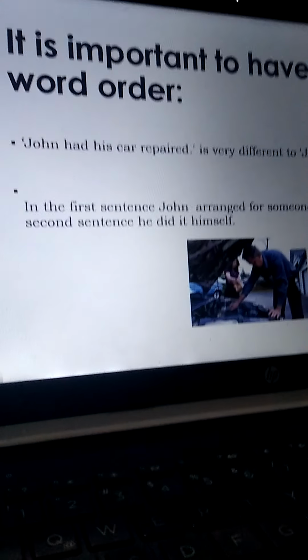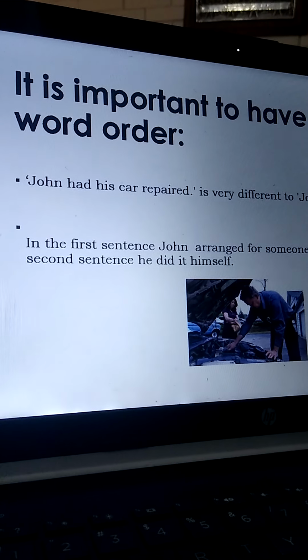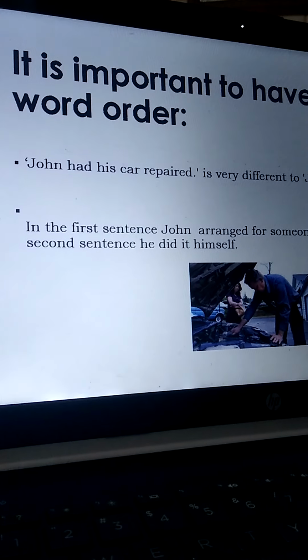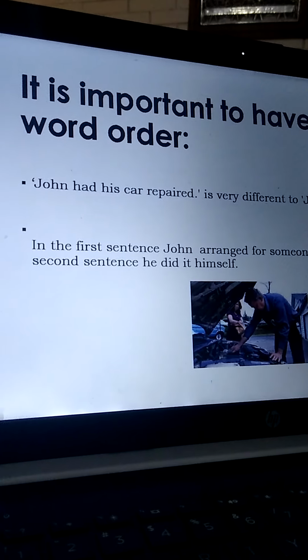Then we have here the word order that is important to take into account. John had his car repaired is very different from John had repaired his car. That's what I told you.